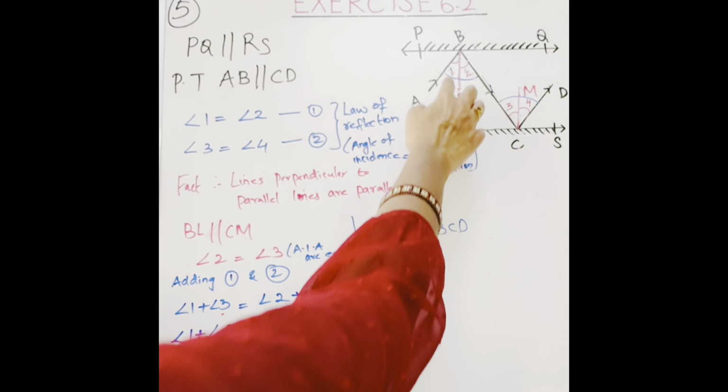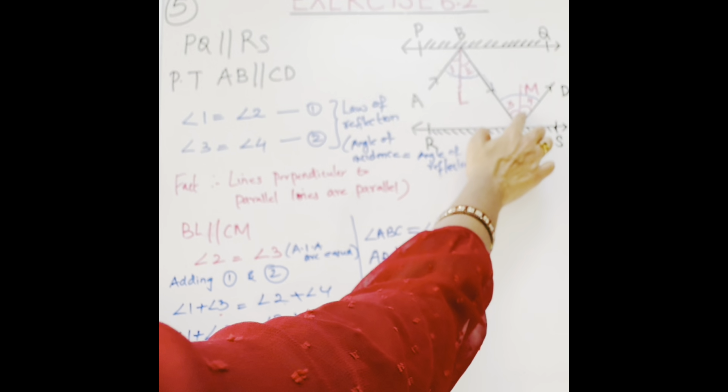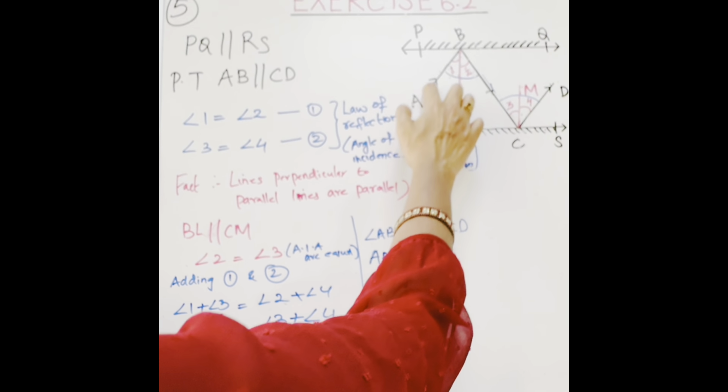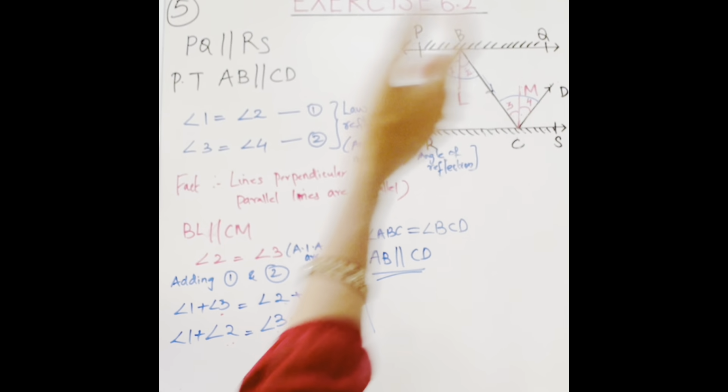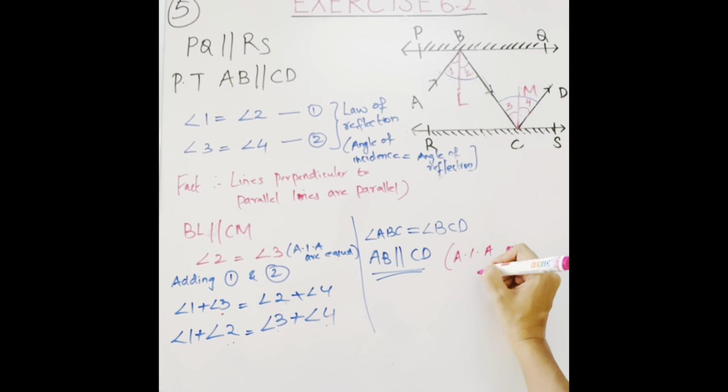As we found that these two angles are equal and these two are the alternate interior angles, we can say that AB is parallel to CD. That's how we wrote this. The reason for AB parallel to CD is alternate interior angles are equal. This is how we solve this question. So if you have any doubt, still go through the solution once more and we'll be able to solve it.